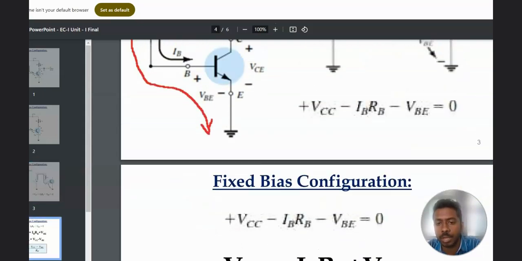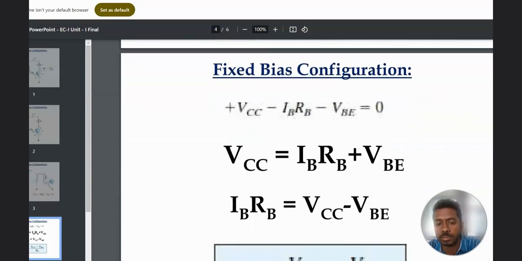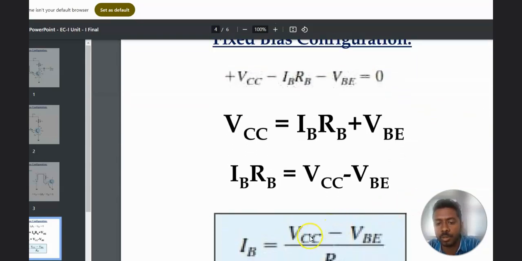In this, we can find either VCC or IB or RB. IB is equal to (VCC minus VBE) divided by RB.